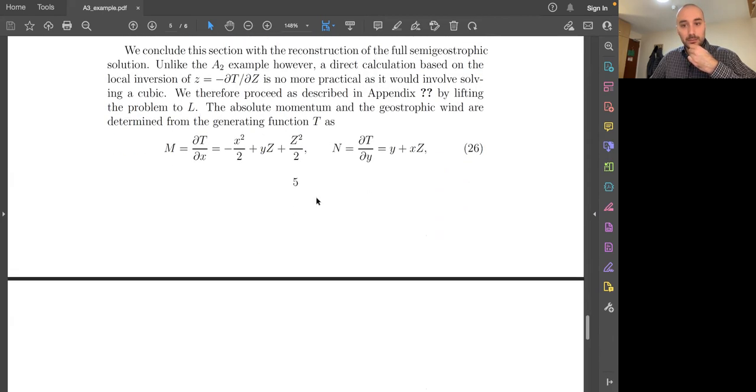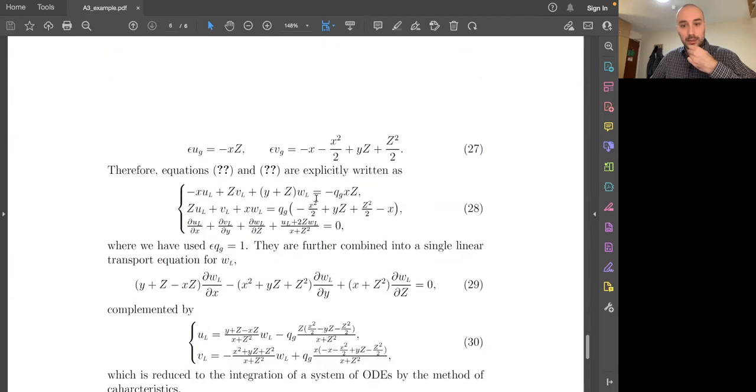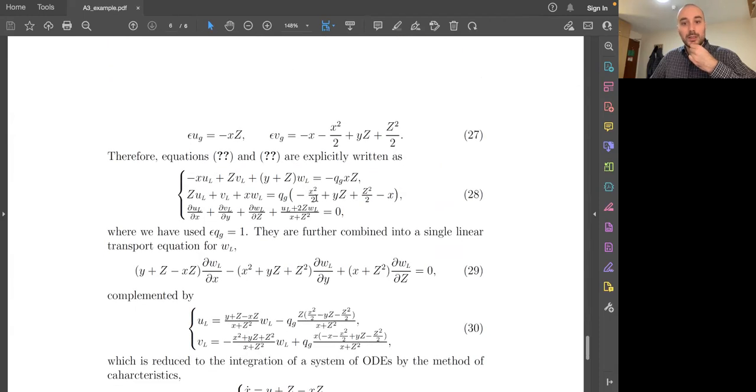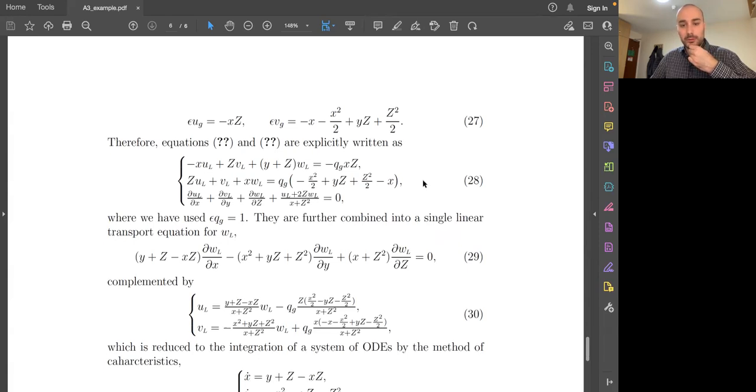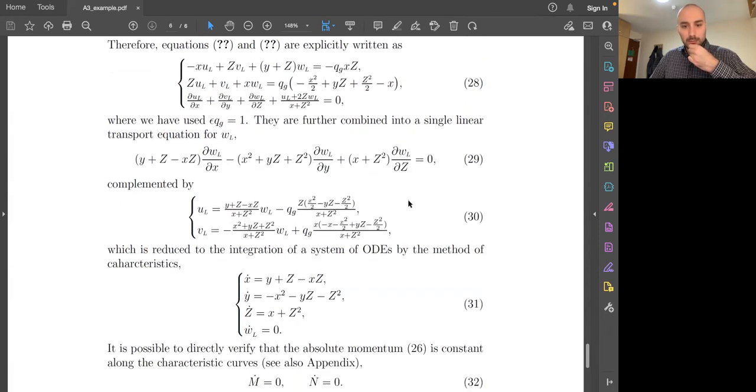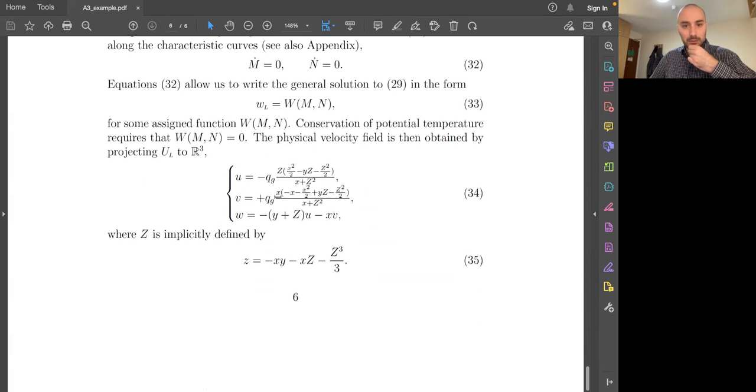Okay, this time we are not so lucky when it comes to recovering the physical flow field, because this example is more complicated. But we are nonetheless able to get it in parametric form. So U, V, and W, that is the physical velocity field, now reads like this.